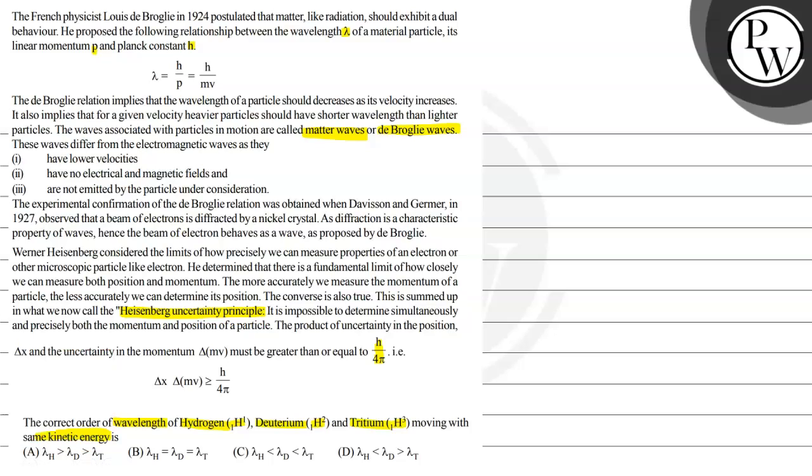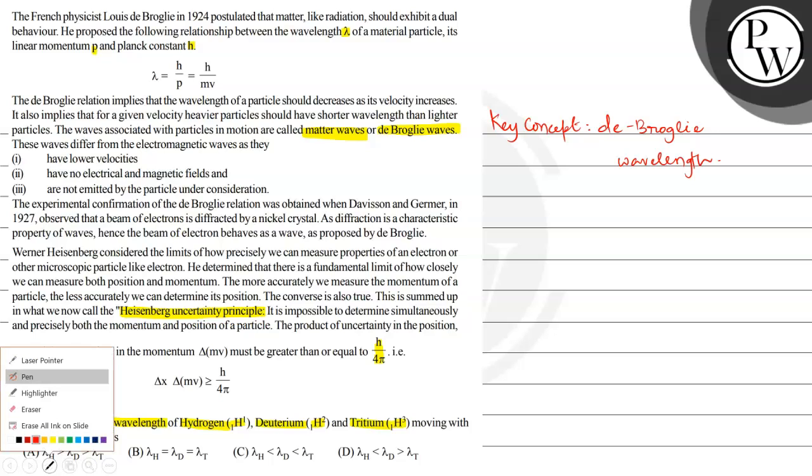So here the key concept is de Broglie wavelength. So here we have three species given: hydrogen 1H1, deuterium 1H2 and tritium 1H3.